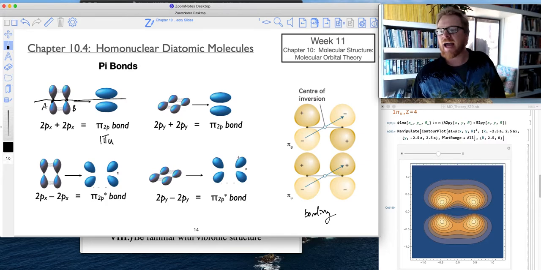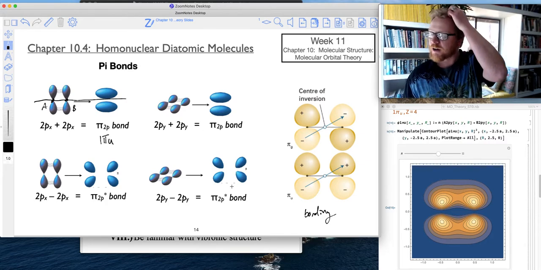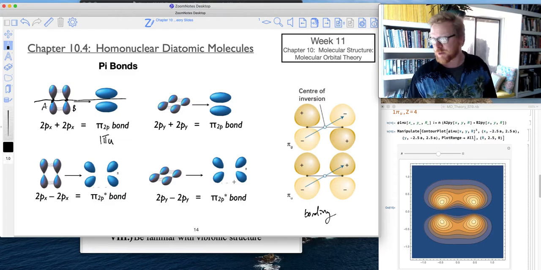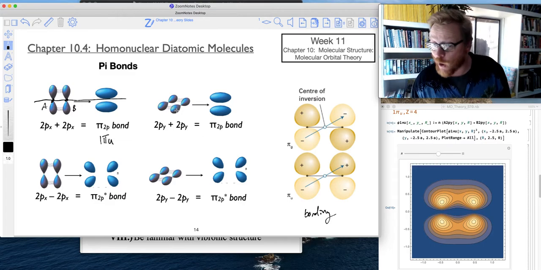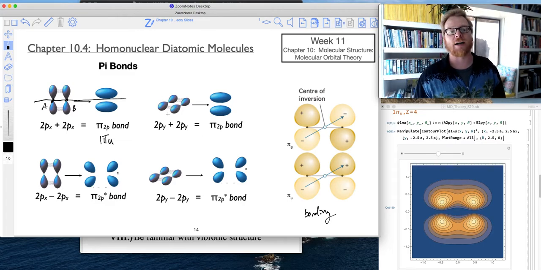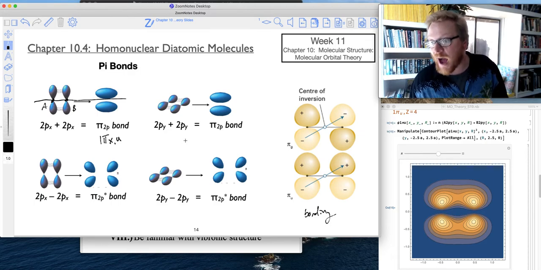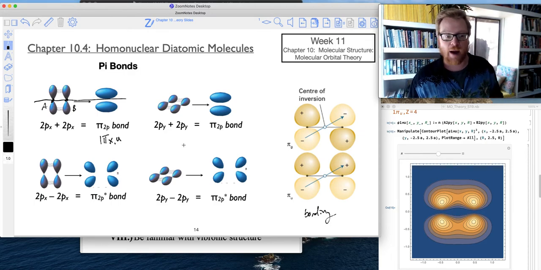Of course, I can't show you this on my model because my model is technically only 2-dimensional instead of 3-dimensional. But I could also make another set of pi bonds with 2py. So over here, I'm going to call this 1 pi xu. And then I could also make another pi bond, which would give me a triple bond, if I had 1 sigma and 2 pi bonds.